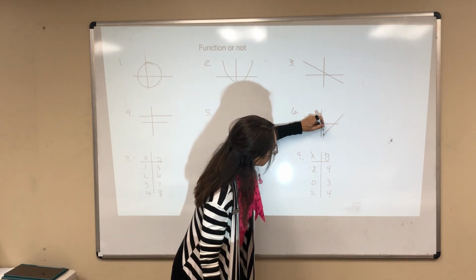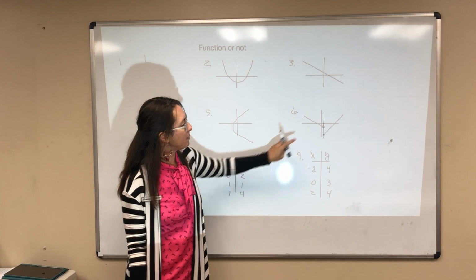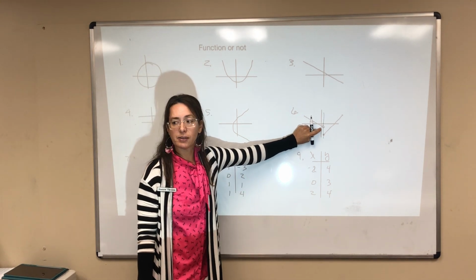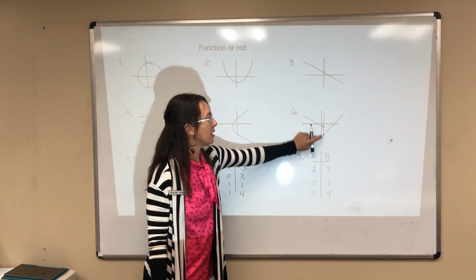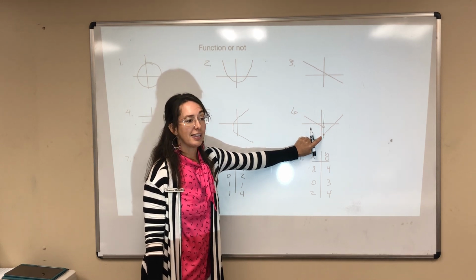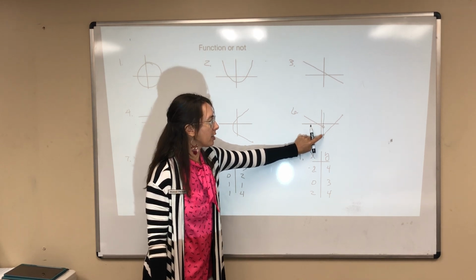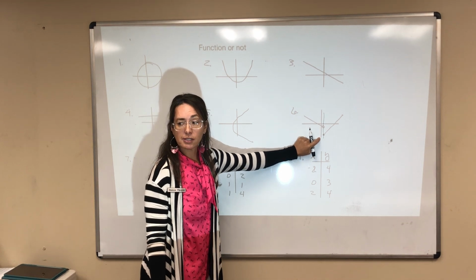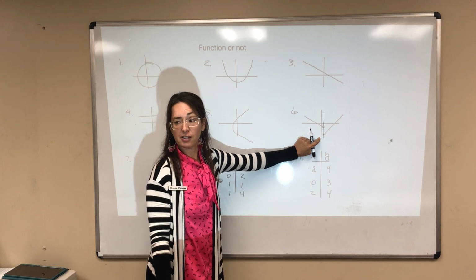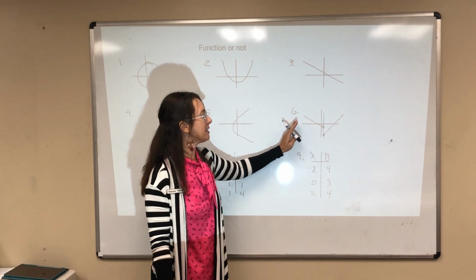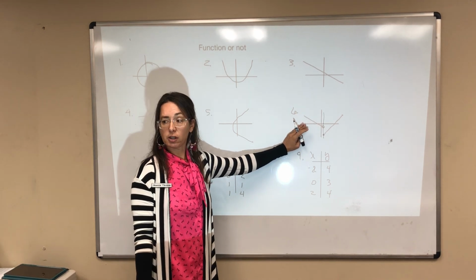We have 2 points on the same line, but what does this open circle mean? Not equal to, and a closed circle means it is equal to. So are there actually 2 points contained on that vertical line? No. This is a function because this is called a piecewise function.